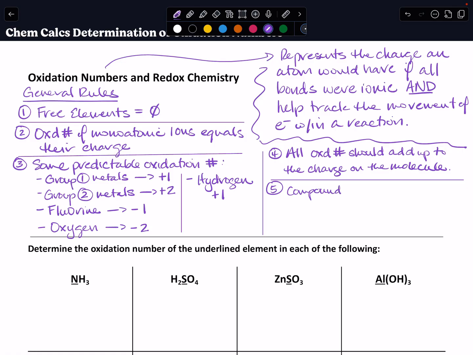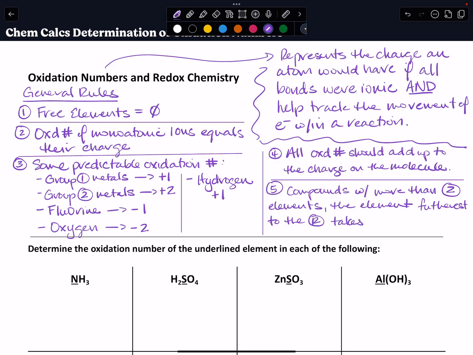And then last but not least, generally speaking, for compounds with more than 2 elements, the element furthest to the right takes its most common oxidation number.